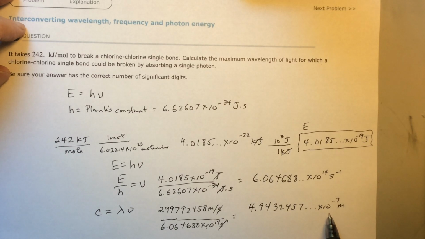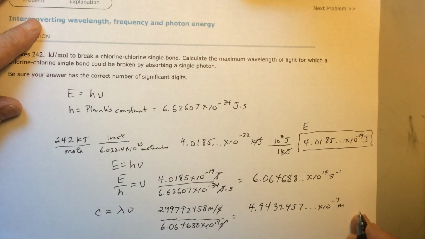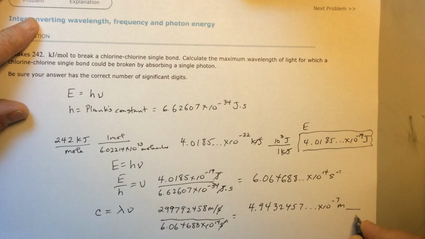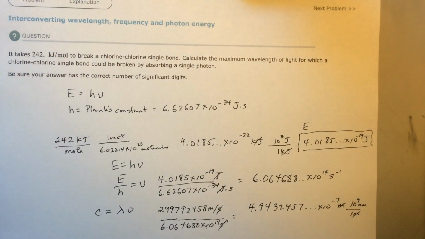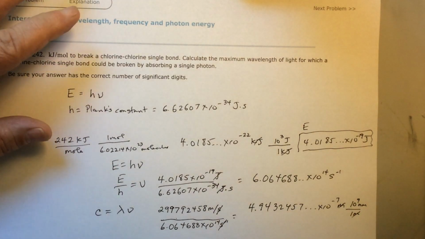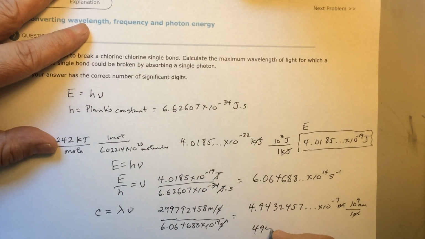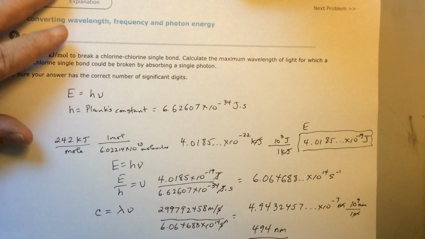The next unit is 1 times 10 to the 9, which is nanometers, and that's probably the better one. So in 1 meter there's 1 billion nanometers, and meters cancel, which means 494 nanometers will be your answer.